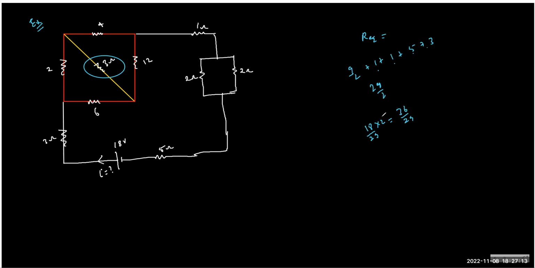So is this clear to everyone? Yes. Not very difficult. So the idea is you have to understand that the Wheatstone bridge will come in multiple facets. So you need to just identify it. And if the question is appearing really difficult, the simple trick is it is based on the Wheatstone bridge.